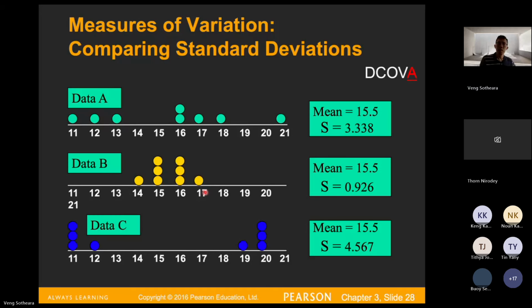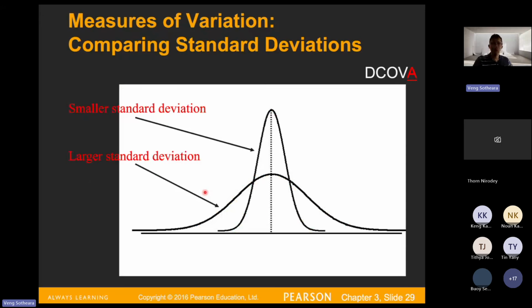If everybody in this class is 18 years old, you have very consistent, uniform, same quality, so no spread. But in real life, we never achieve zero standard deviation.